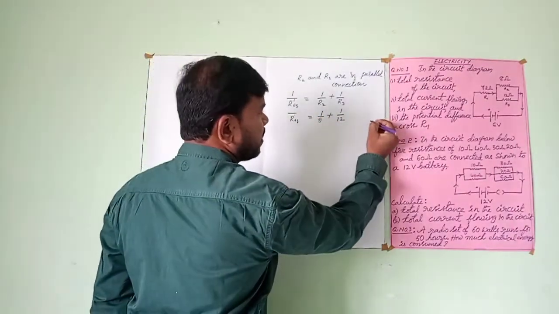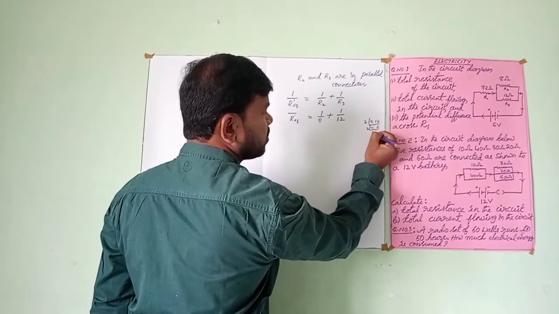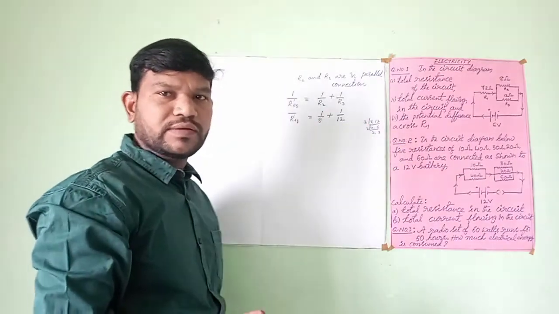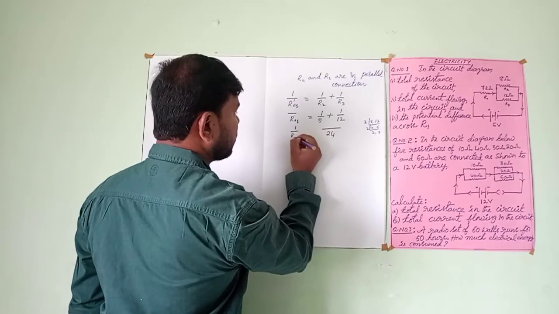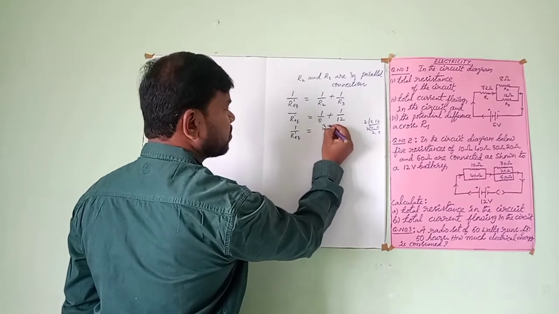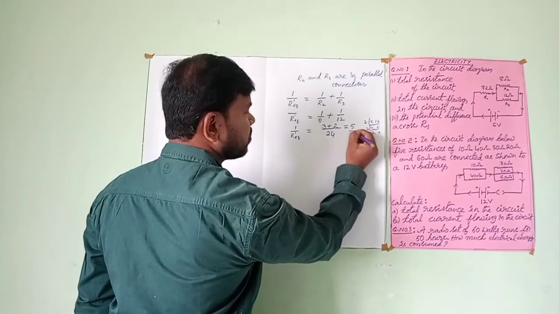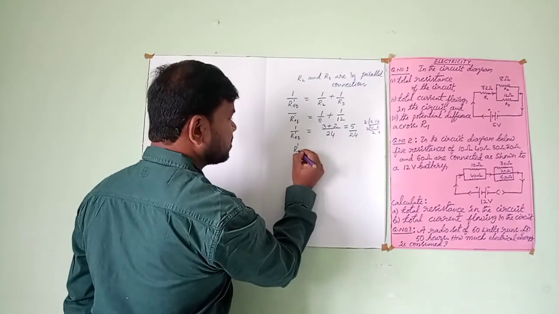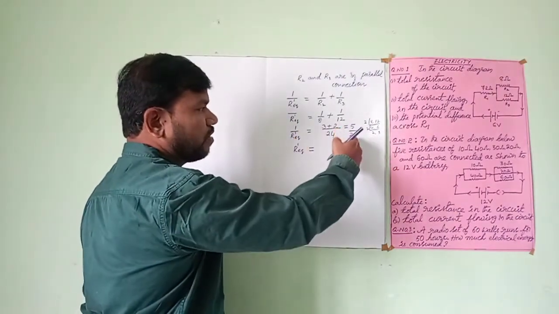The LCM of 8 and 12 is 24. So 1 by R dash equivalent is equal to, with 24 as the LCM, 8 times 3 is 24, so 3 into 1, plus 12 times 2 is 24, so 2 into 1. So 3 plus 2, that is 5 by 24.